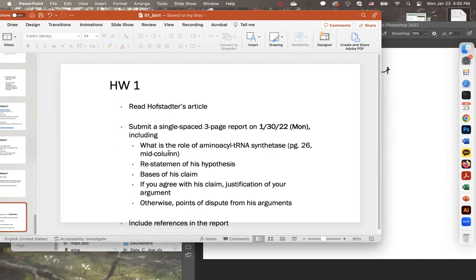Then restate his hypothesis and how he proves or disproves it. And if you agree with this claim, then state why you agree with him. Otherwise, state what your argument is. So that's homework 1.